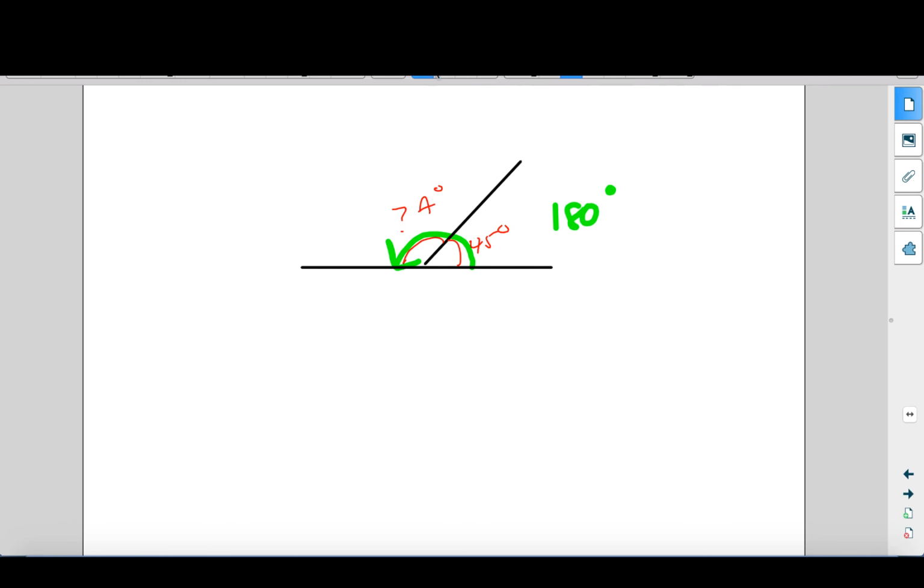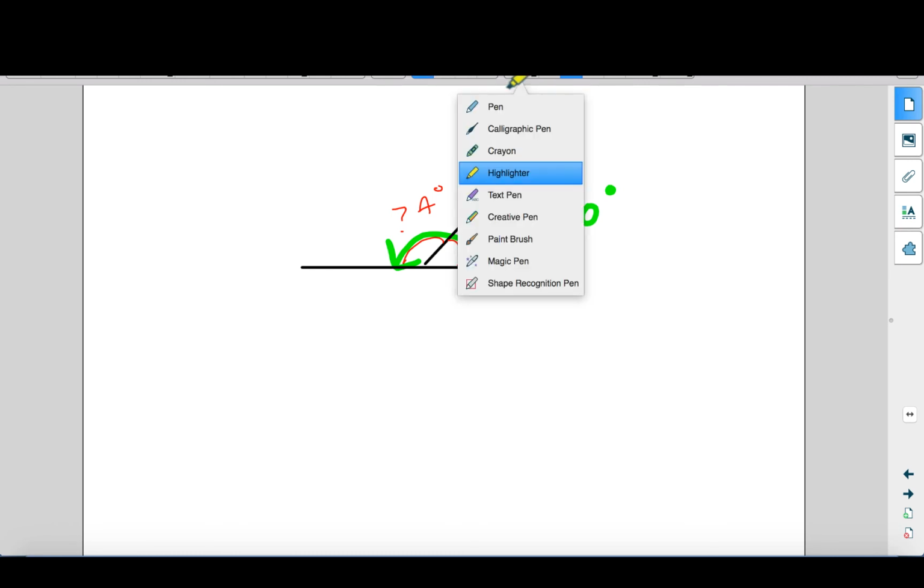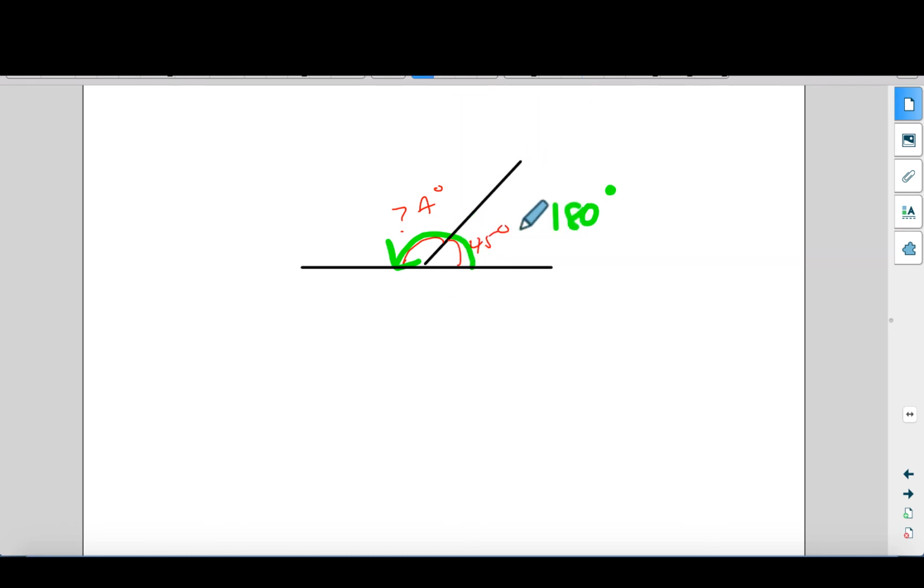If that's true, then we can take 180 degrees, subtract 45, and come up with 135 degrees. So angle A is equal to 135. It's the opposite.